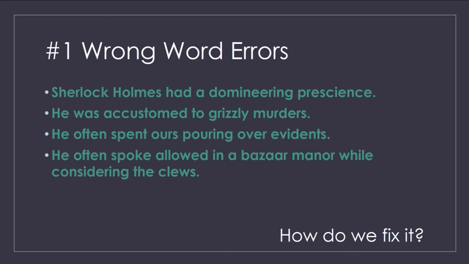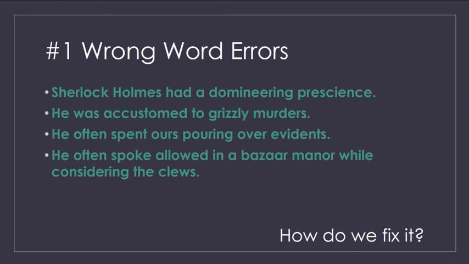He was accustomed to grisly murders, which we might overlook if we didn't know that grizzly, G-R-I-Z-Z-L-Y, meant bears, and G-R-I-S-L-E-Y meant gross. He often spent hours poring over evidence. Ooh, we've got a lot of homonyms in there. Out loud, this sounds fun. He often spent hours poring over evidence.